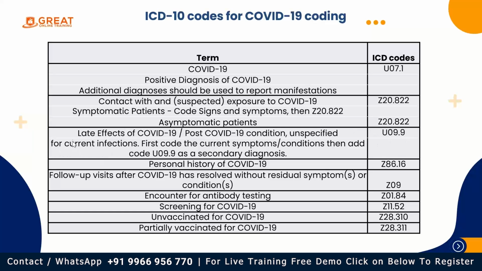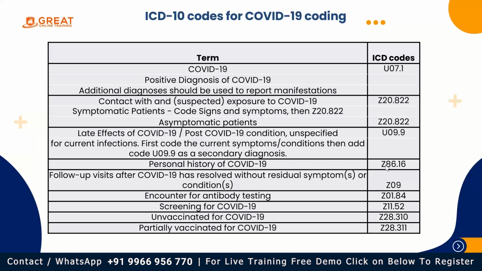And if with late effect of COVID-19 or post-COVID-19 condition, current active COVID-19 infection is also there, in that case first code the current infection, current signs and symptoms, then add U09.9 as a secondary diagnosis.